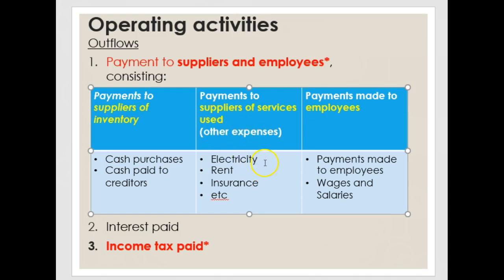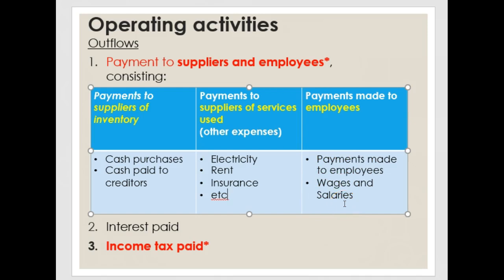Sometimes we have paid some cash for electricity, we have paid some money for rental, we have paid some money for insurance and so on. All the cash that we have paid for the services that we have used, we have to record under payments to suppliers and employees as well. Next will be payments made to employees, such as wages and salaries.